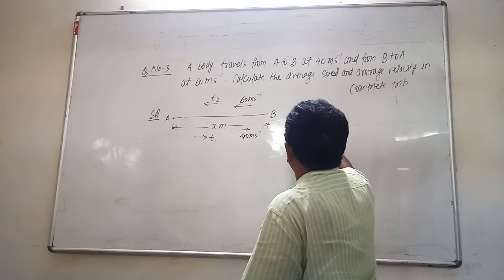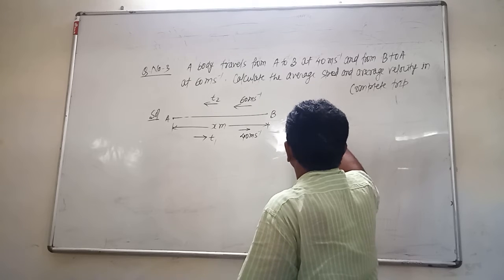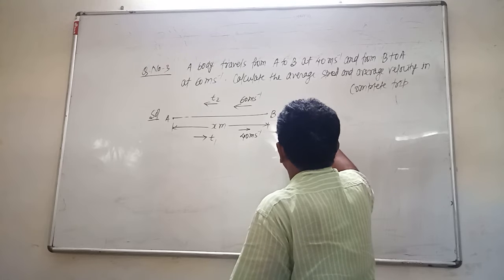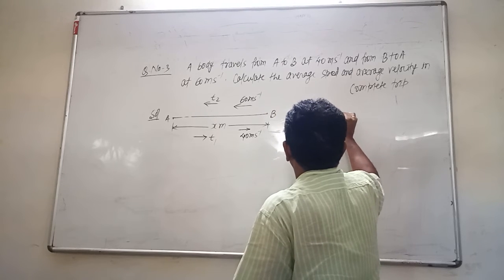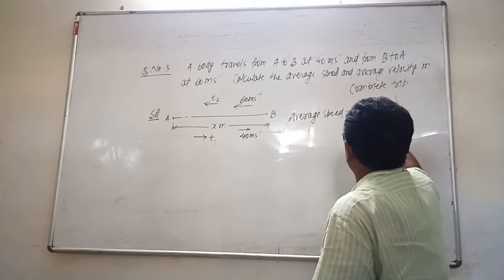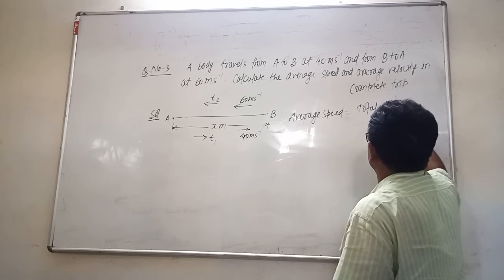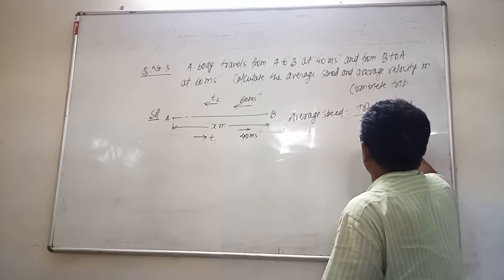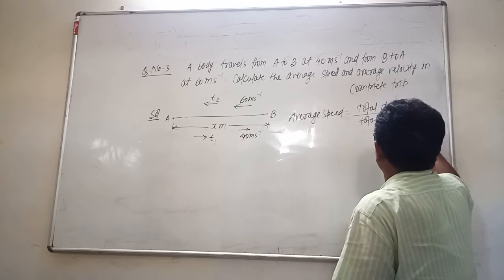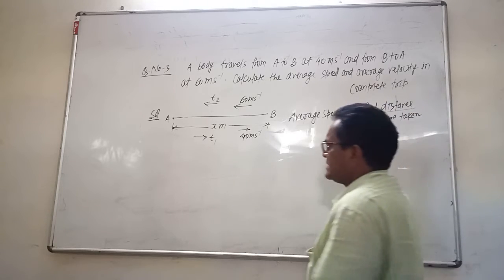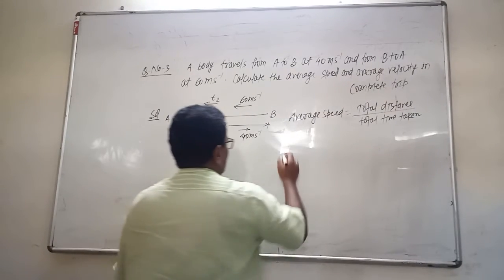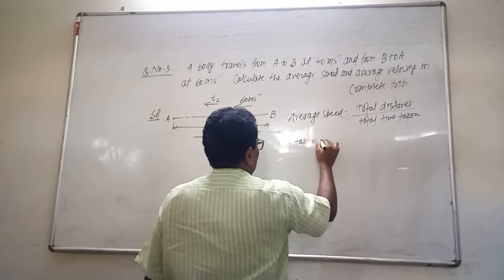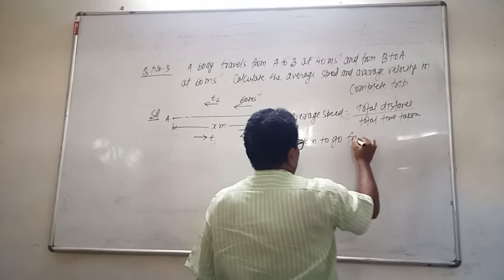So the formula for average speed is total distance upon total time taken. So we will find the time taken in going from A to B. How much time will it take to go from A to B?